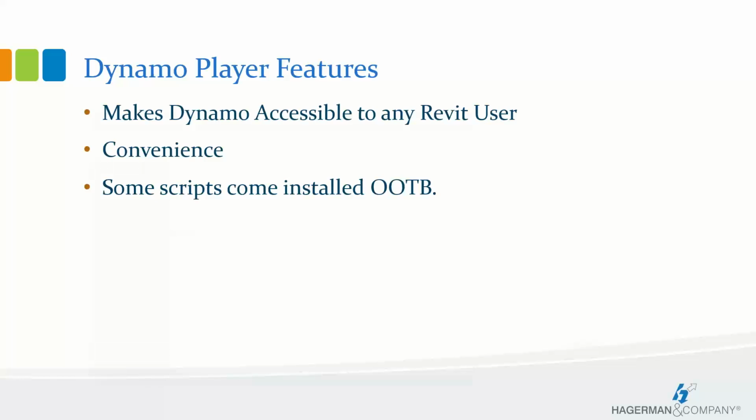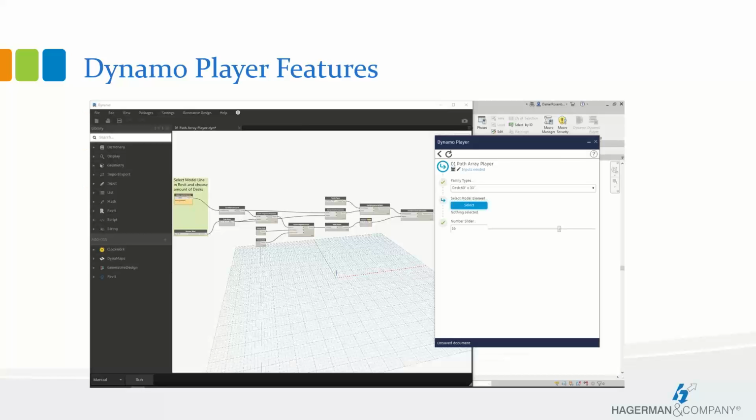Okay, so here is a side-by-side comparison of what a script would look like inside Dynamo versus the player. It's the same thing, but you can see inside Dynamo, it might not be immediately clear to the user how to run the script.